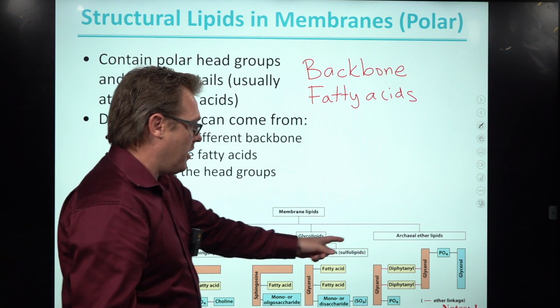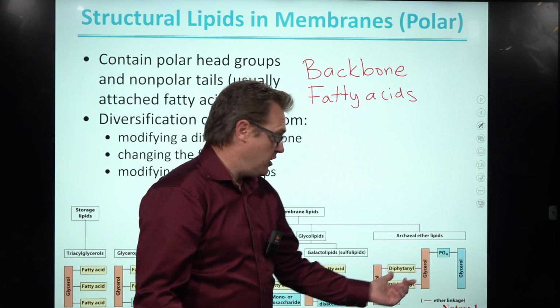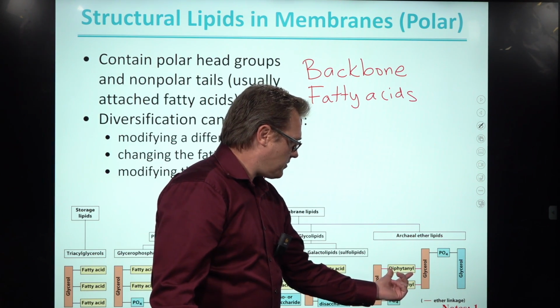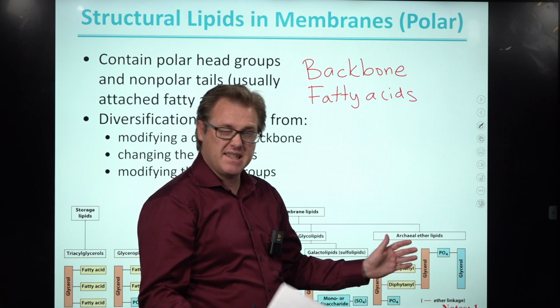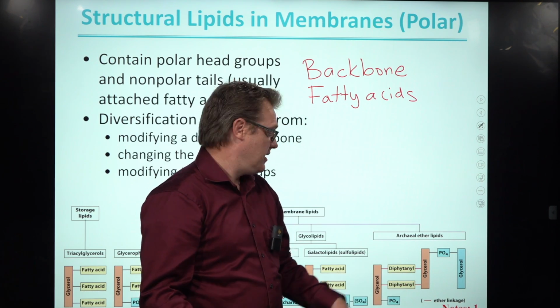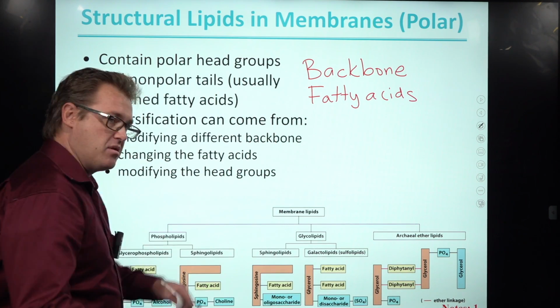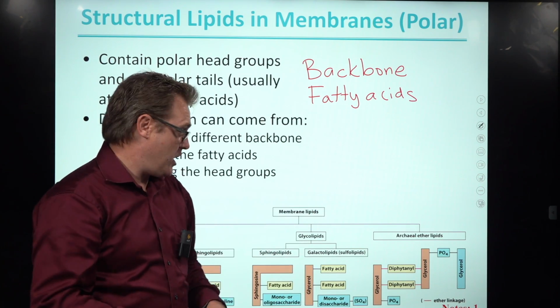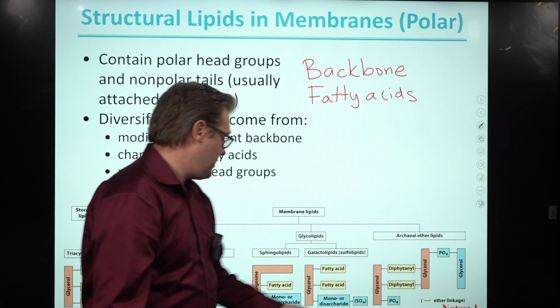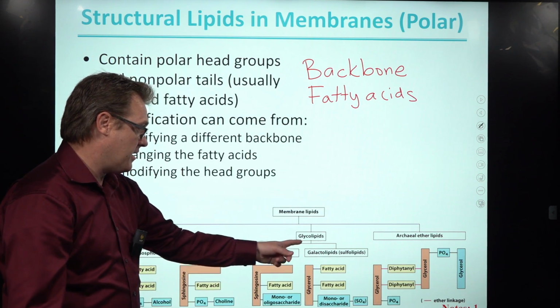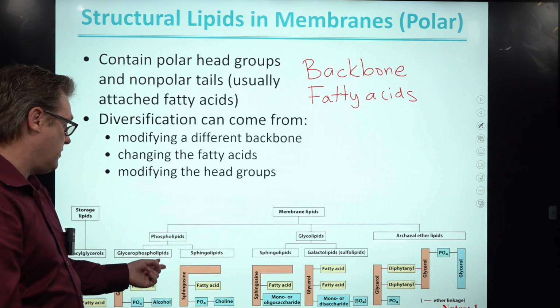When you come here to the archaeal lipids, you just have a carbon chain right here. It's not a fatty acid, but it kind of resembles a fatty acid. It's just a long carbon chain, and these right here are significantly longer than the fatty acids in the glycolipids and the phospholipids.